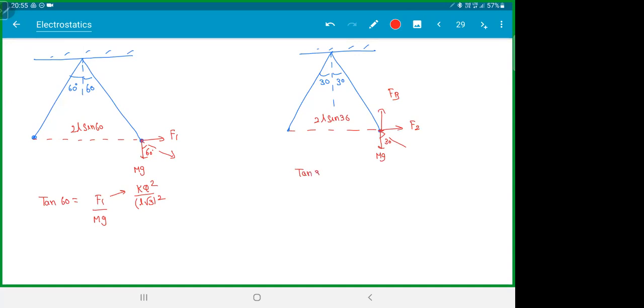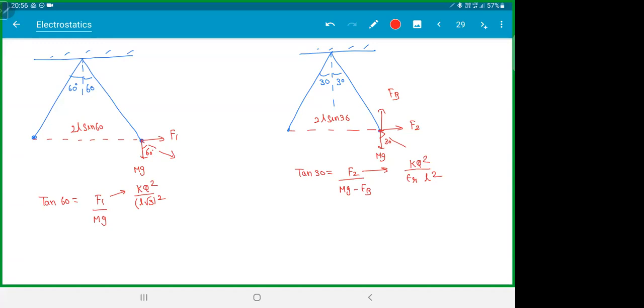So we get tan 30 is equal to F2 by mg minus buoyant force. And F2 is k q square by epsilon r, distance is L square. Is that making sense? Distance also changed, and because you're in a medium, the force becomes 1 by epsilon r times.